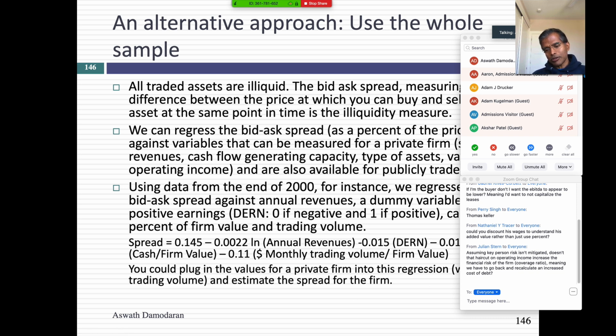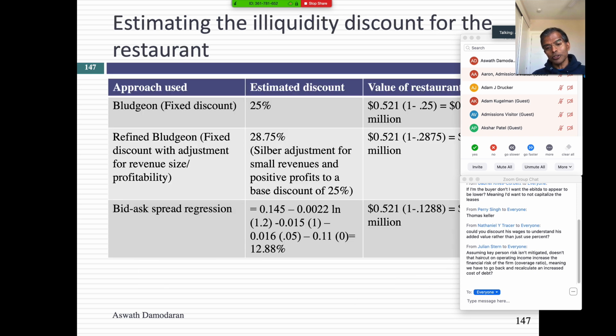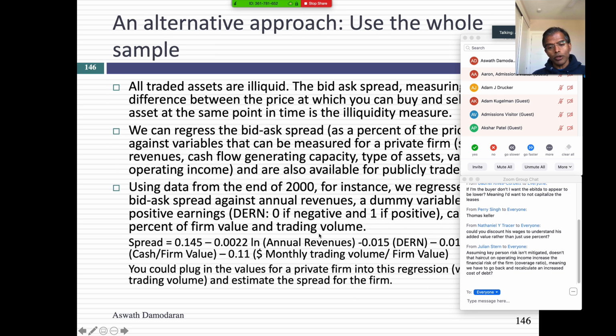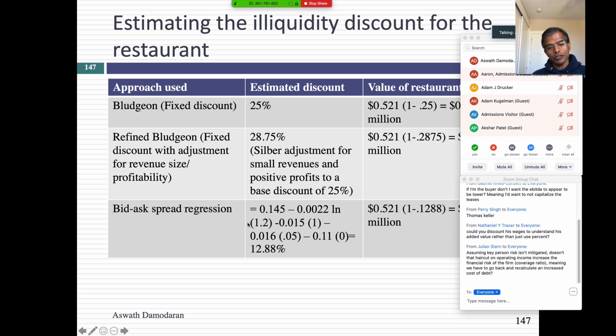You say, what are you going to do with this? Remember the restaurant that we just valued? I want to get an illiquidity discount. So here's what I did. I went in and plugged in the numbers for the restaurant. Basically, the 0.2 is the $1.2 million in revenues. It's a money-making company with about 5% cash as a percent of value. And it doesn't trade, so I put 0 for the trading volume.